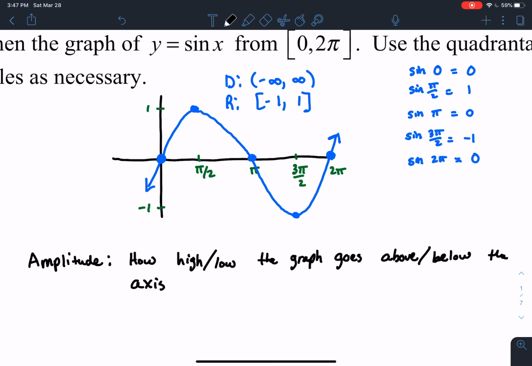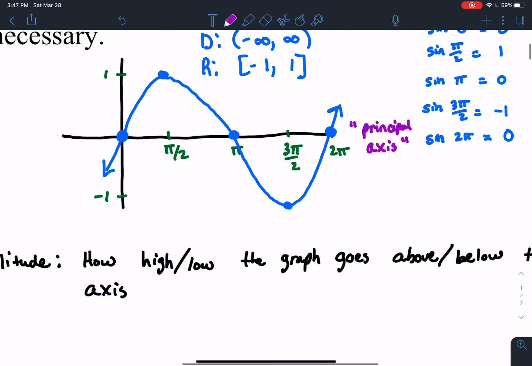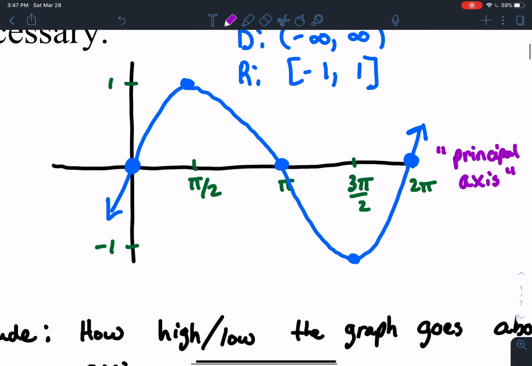Your x-axis here is what's called your principal axis. All the points stem from that axis, right in the middle of the highest point and the lowest point. So the amplitude represents how high the graph goes above the principal axis, or how low it goes below it.